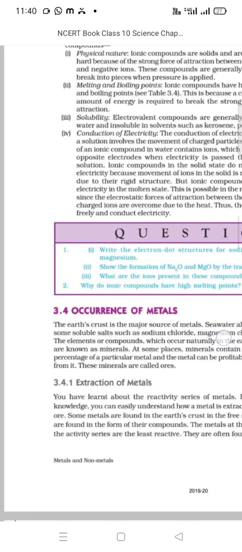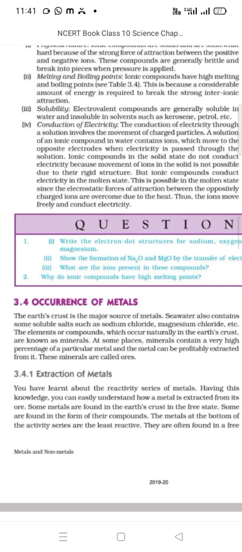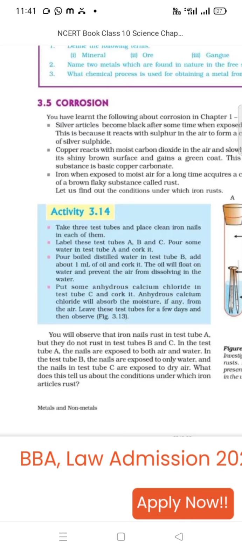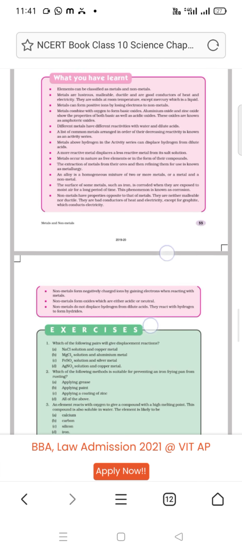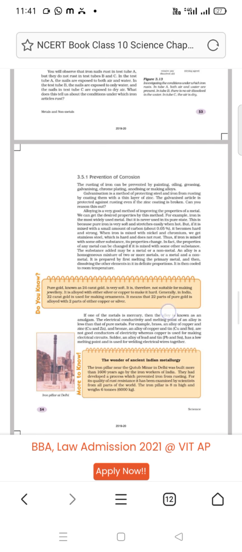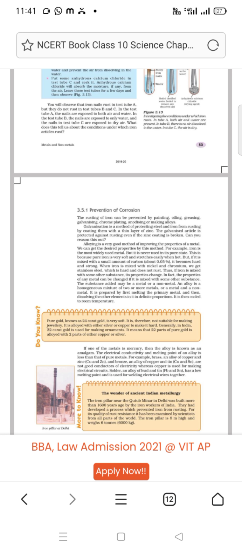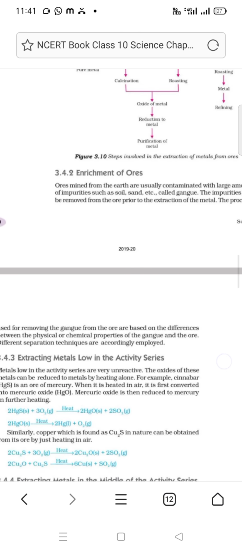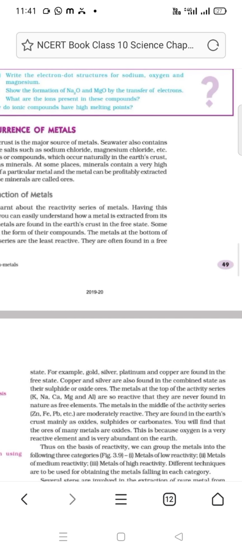One more thing, children: occurrence of metals, as I told you earlier, is cancelled. As reported by CBSE, there is a 30% deletion of portion. You don't have this part, how the metals occur.